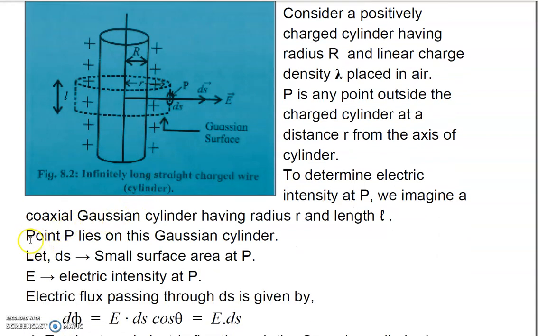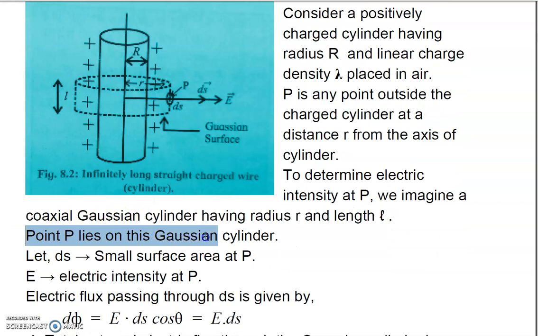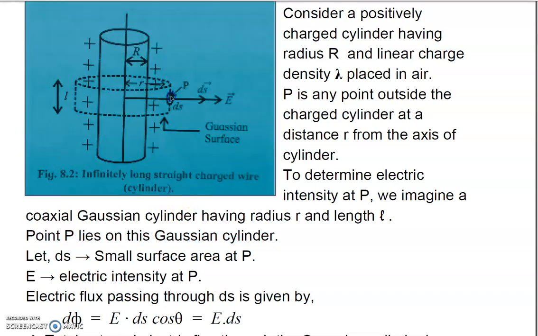Now automatically this point P is going to lie on this Gaussian cylinder, and every point on this Gaussian cylinder will have the same value of electric field intensity. Let us once again choose some small surface area at this point P. This vector ds is also going to point in the same direction as the electric field intensity, because the electric field is going to be in the radially outward direction for a positively charged cylinder.